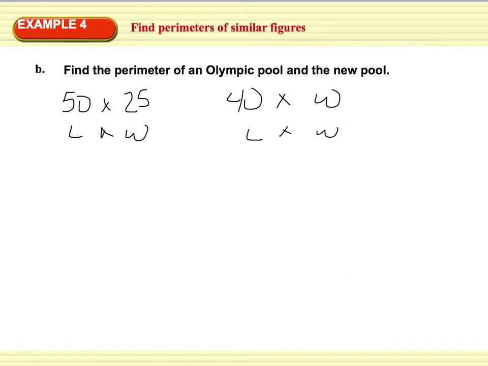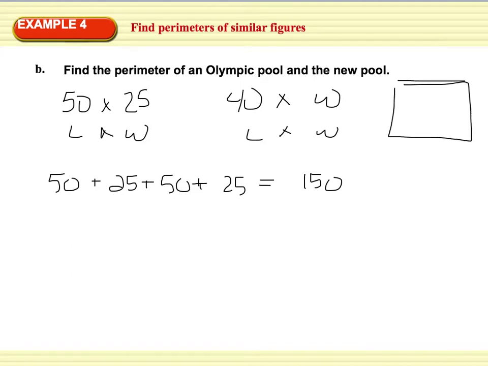Find the perimeter of an Olympic pool and the new pool. So we're going to use that theorem 6.1. Okay, the perimeter of the Olympic pool is 50 plus 25 plus 50 plus 25, right? It's 150 meters because we went all the way around the rectangle.